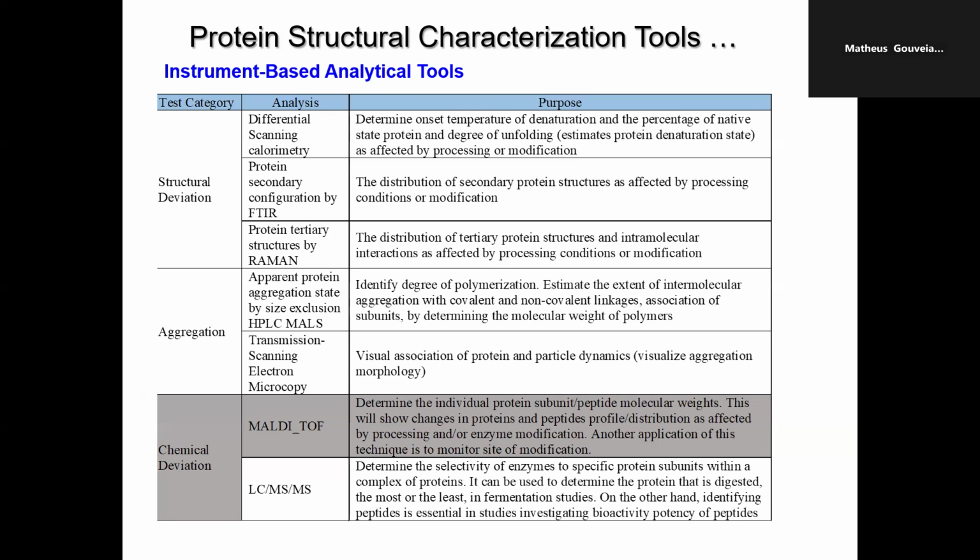If you have a very pure, small molecular weight protein, you can actually make it fly. I'll talk about flying in a minute. And then you can measure the accurate molecular weight of that protein. So it's a very useful technique if you have very pure protein and relatively small molecular weight. If you have proteins over 50 kilodaltons, it will be hard to make them fly.